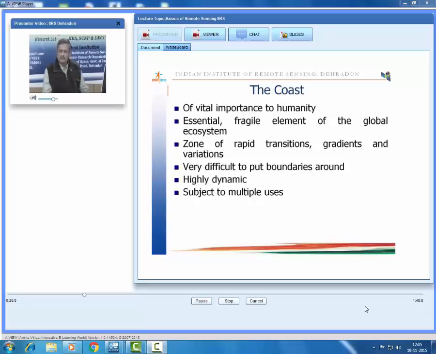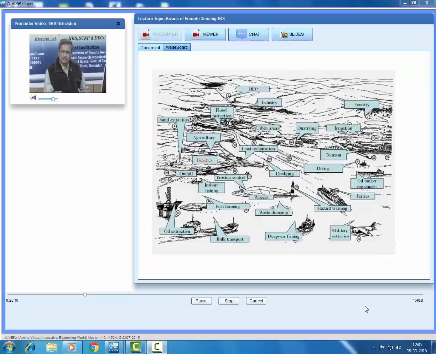In the next slide you will see that the amount of activities happening in the coastal area is tremendous, and all these activities have some impact on the coastal ecology. I don't know how clear the slide is at your end, but there are a lot of activities happening in the coastal area, like industrial activity, sand mining or quarrying.